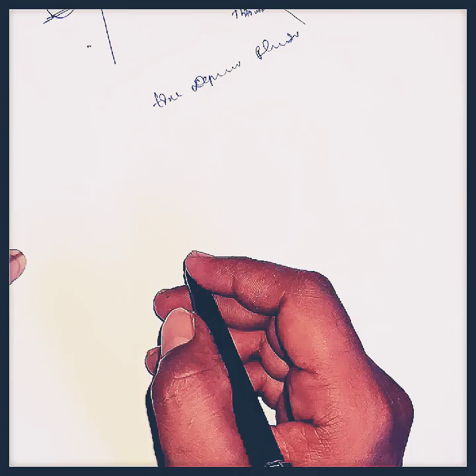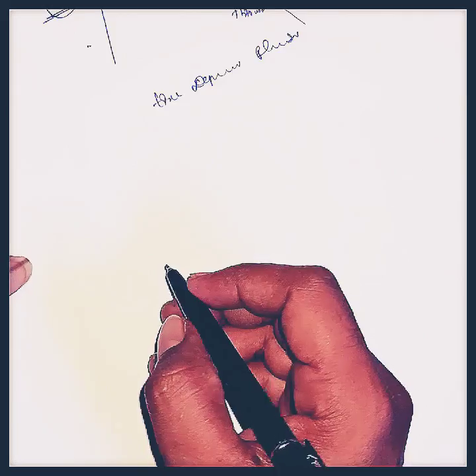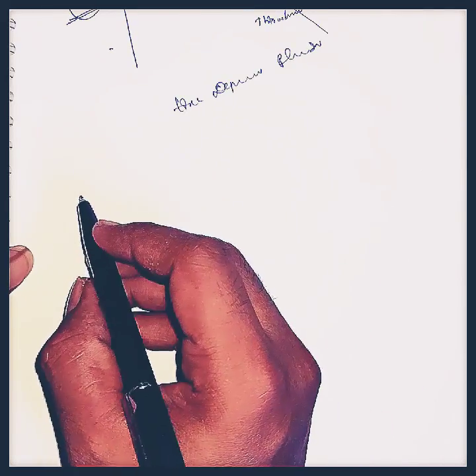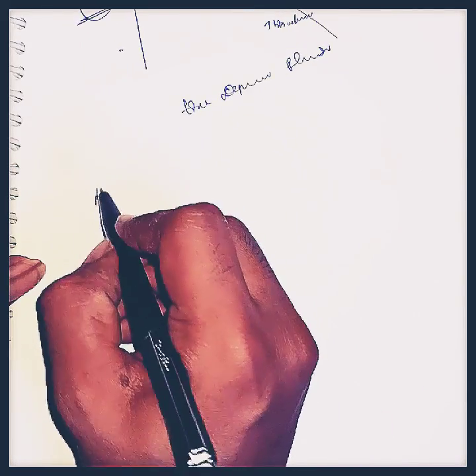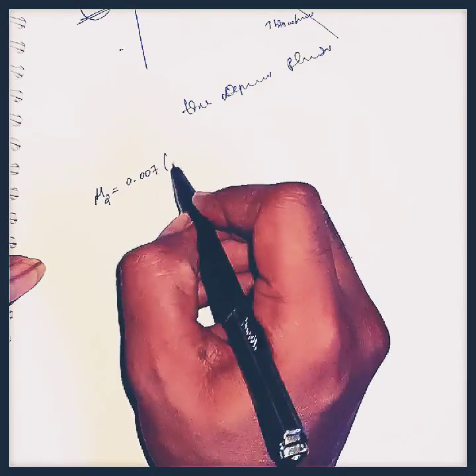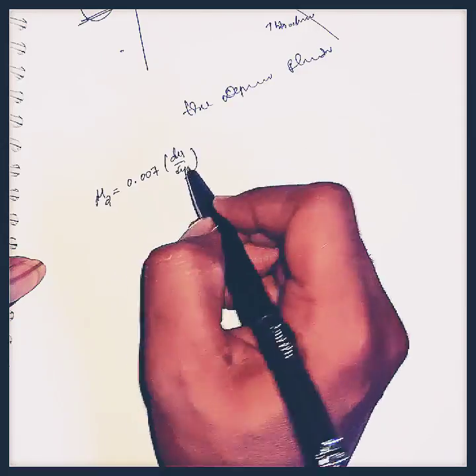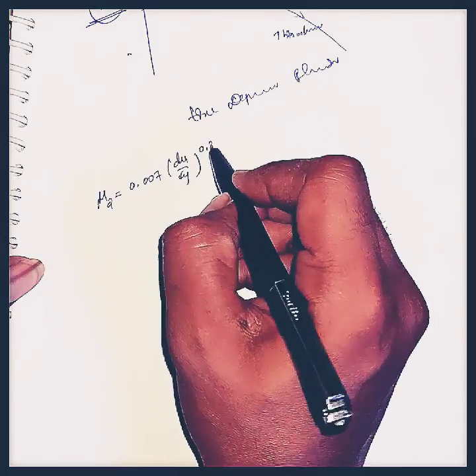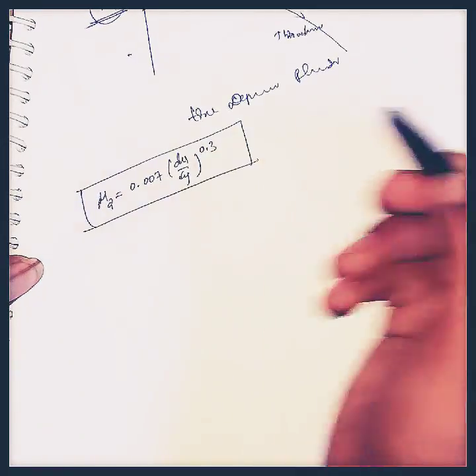Okay, and here let us consider one example which was asked in the IES exam. Let us consider the apparent viscosity is, for example, 0.007 into du by dy whole power of, for example, 0.3. Let us consider this is given in the exam.